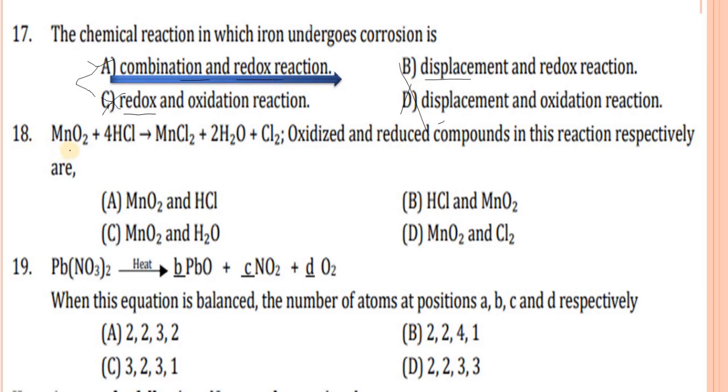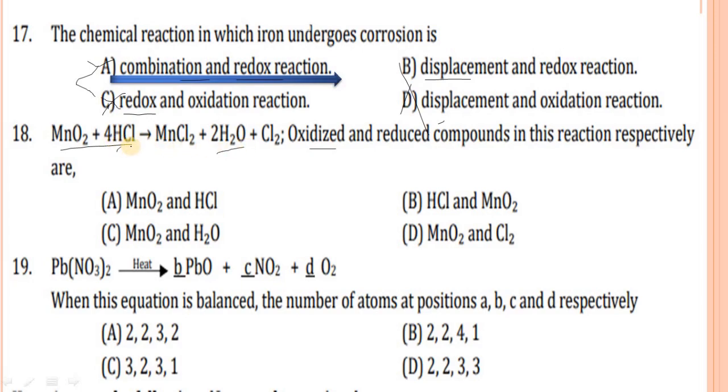Number 18. Manganese oxide reacts with hydrochloric acid and forms manganese chloride, water and chlorine gas. Here, the oxidized and reduced compounds in this reaction respectively are: hydrogen from the hydrochloric acid gets the oxygen atom.